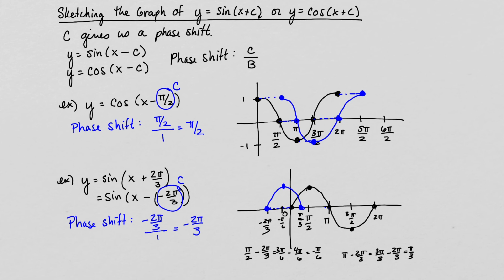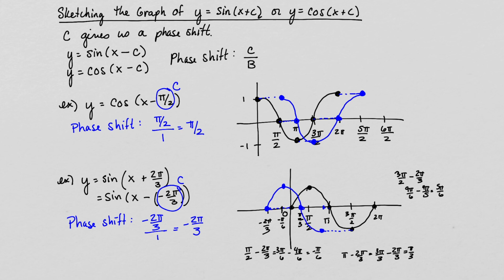Then we need to do 3 pi over 2 minus 2 pi over 3. So again, we're going to need a common denominator of 6. So 3 times 3 is 9, so 9 pi over 6 minus 4 pi over 6 is going to be 5 pi over 6. And so 5 pi over 6, again, is a little bit before pi. So this point down here is going to move back to here.